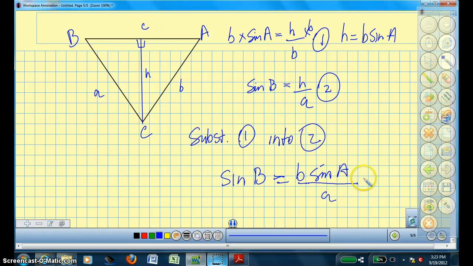What I can do at this point now is multiply both sides by 1 over b.